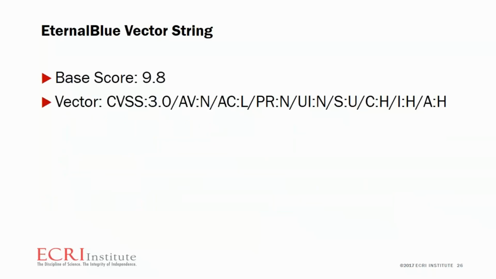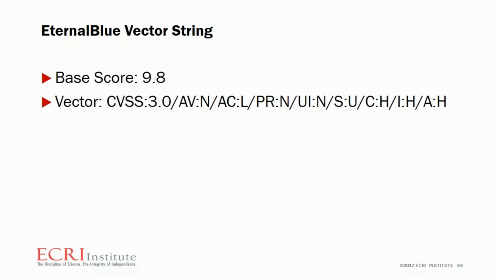Here's an example vector string, which would spell out those attributes. This particular one is pretty bad. We've got an attack vector of network. I can tell that it's an easy attack to pull off. You don't need any privileges, and no user interaction is needed, and you can pretty much do anything to the system with the CIA triad.